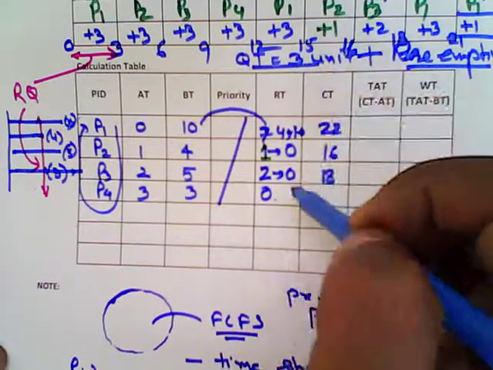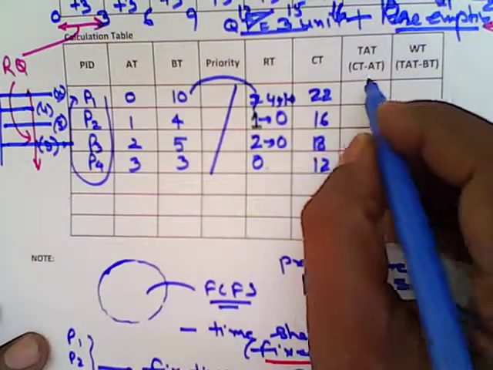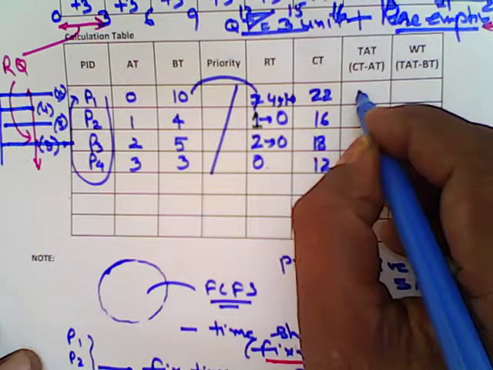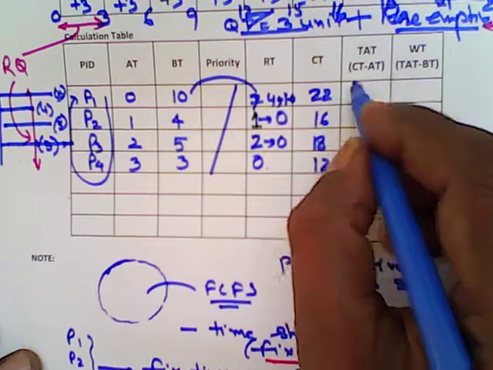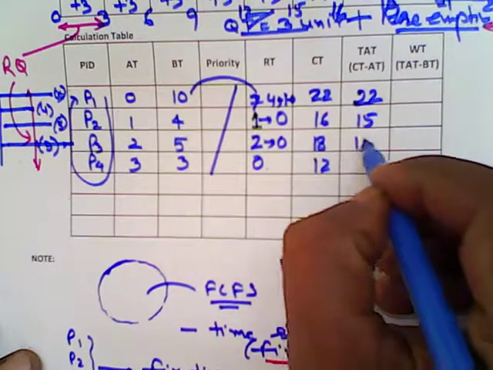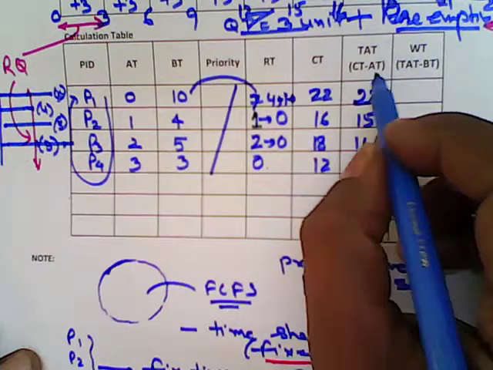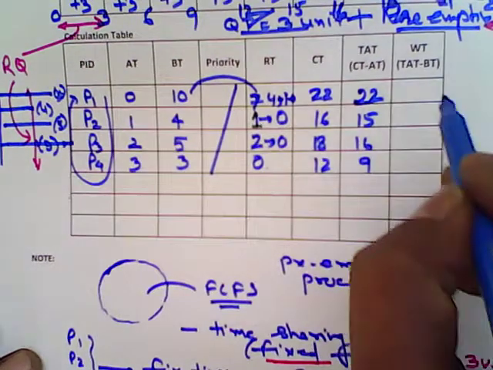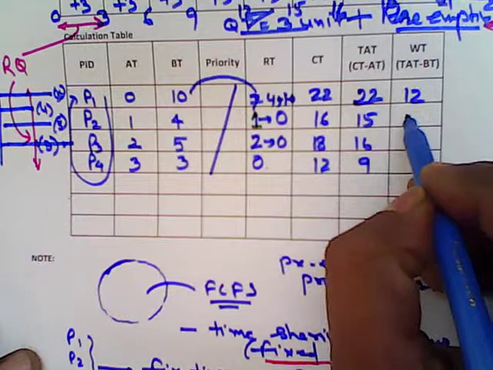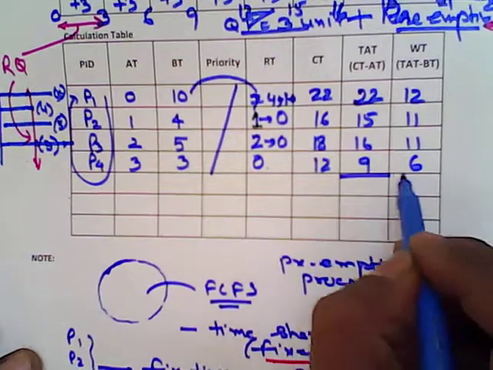Now turnaround time is CT minus AT, which is 22, 15, 16 and 9. Waiting time is turnaround time minus BT, which is 12, 11, 11 and 6. Now we sum up and find the average.